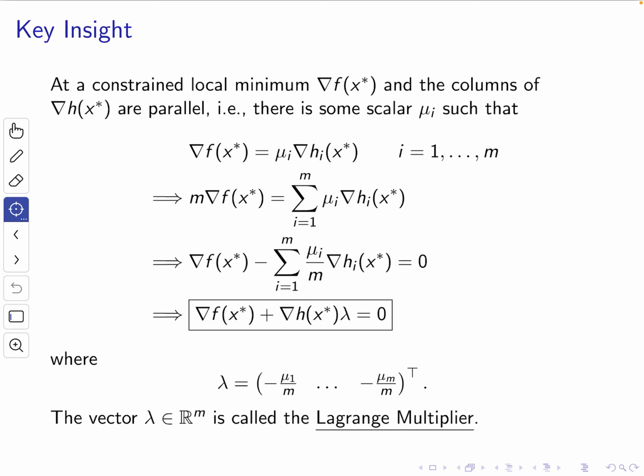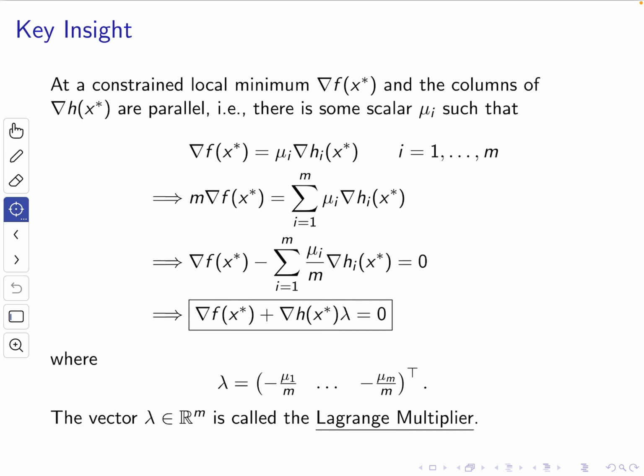So I could sum, right? The gradient here is going to be some linear combination of all of your mu i's.